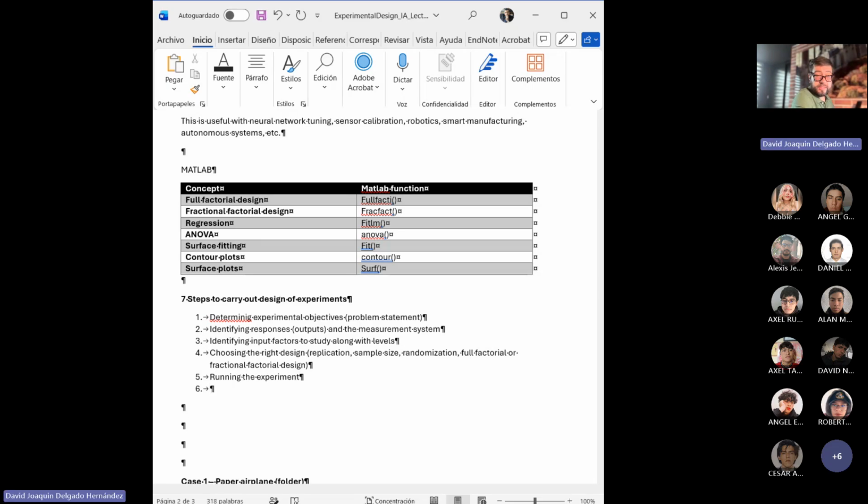Number 6 is analyzing the results. Here we can have something like ANOVA, the main effects, the interaction effects, and so on. And finally, the 7th point is the conclusions.